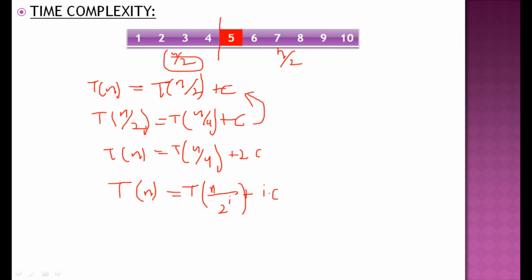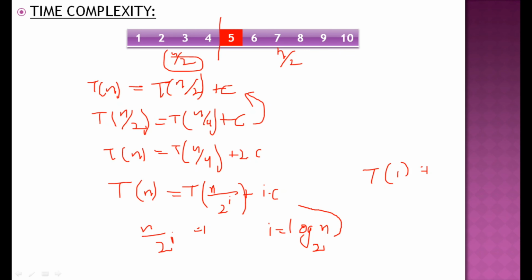plus i into c. When I consider T of 1 equals 1, then n by 2 to the power of i equals 1, so the value of i equals log n to the base 2.